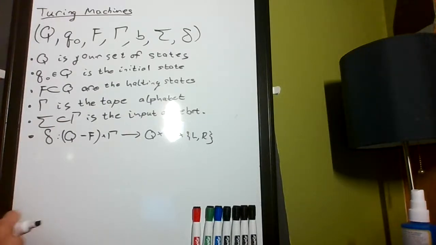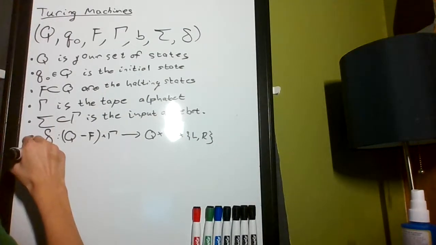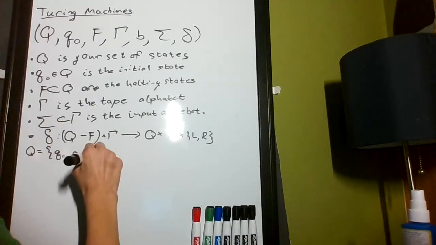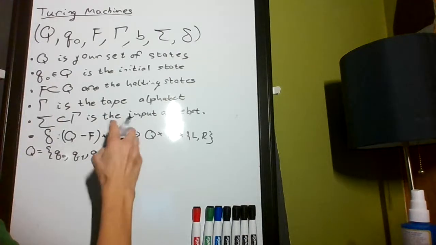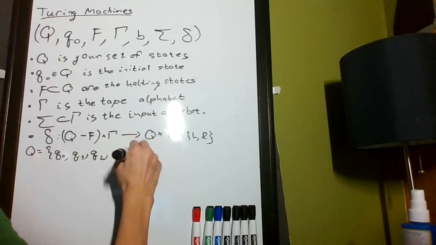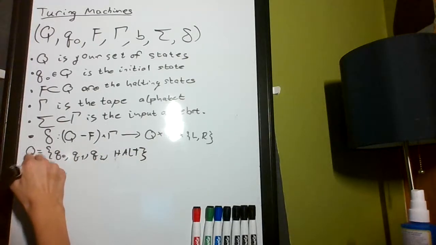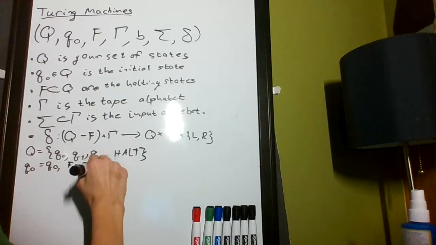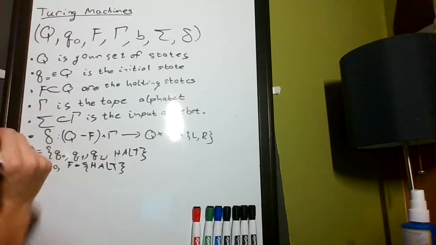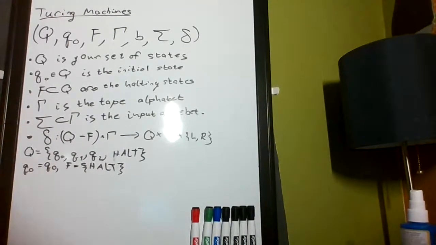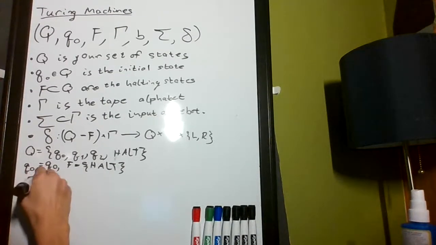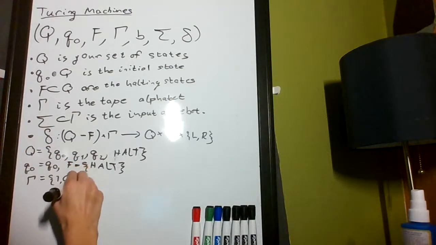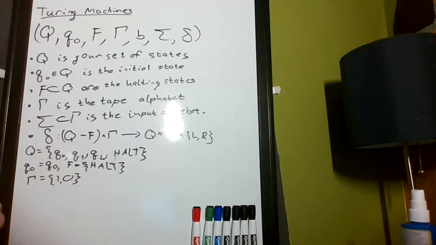So, in our example, we had it that Q, our set of states, was Q0, Q1, Q2, and a halt. Q0 was Q0, F was the set of halt. Gamma was the set of 1 and 0, though we only really used 1.